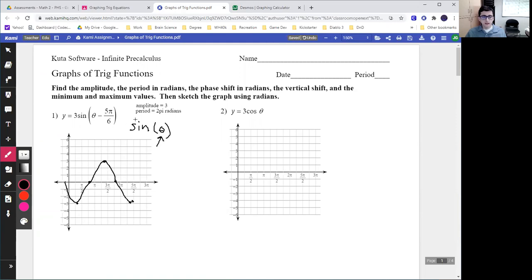But in order to get the same sine of 0 effect, in order to have it still count as sine of 0, I have to put in 5 pi over 6, which is a more positive amount. So I have to, because I'm subtracting negative 5 pi over 6, I have to put in a larger number here to get the same effect that I would get here.